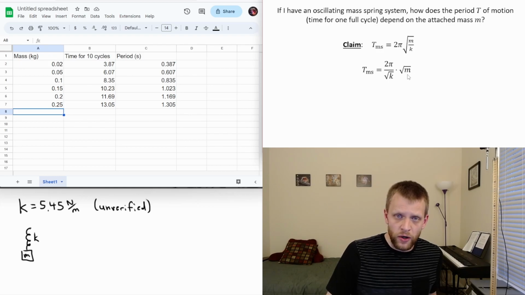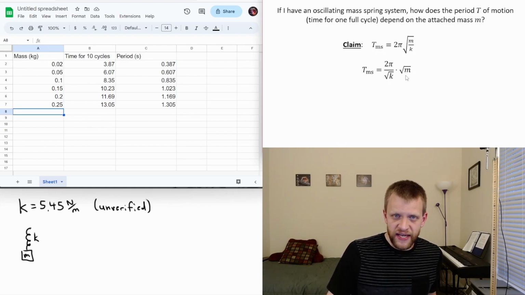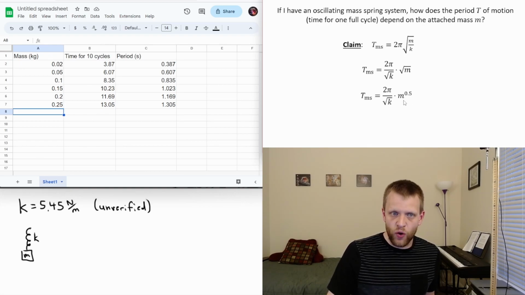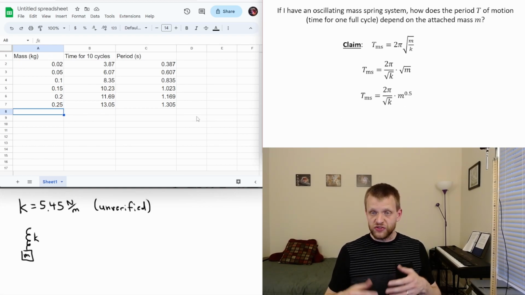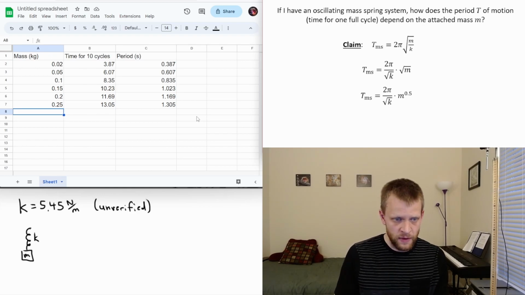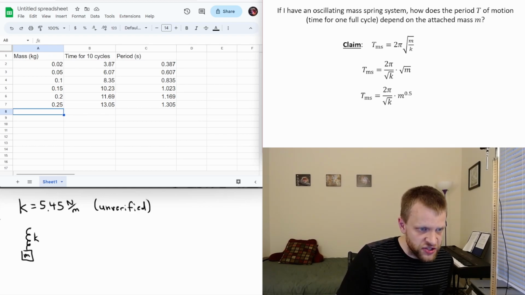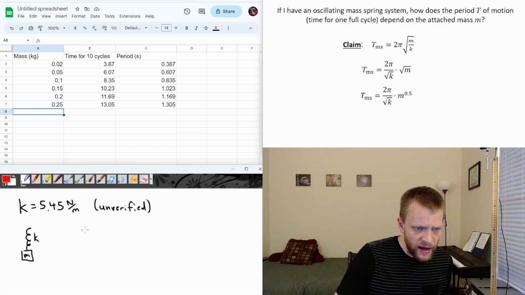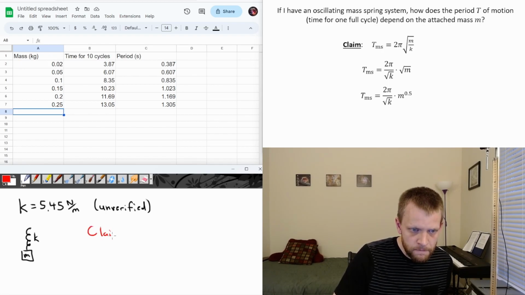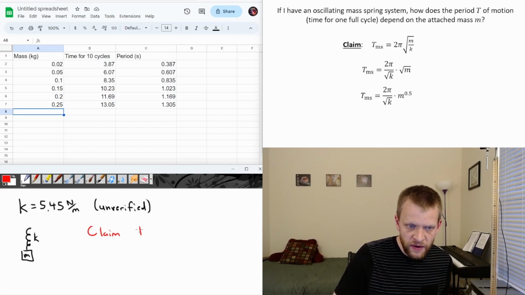Well, taking the square root of some quantity is exactly the same as taking that quantity to the power of 0.5. So let's check this. We have our claim of the period of this mass spring system equals 2 pi over the square root of k times the mass to the power of 0.5.